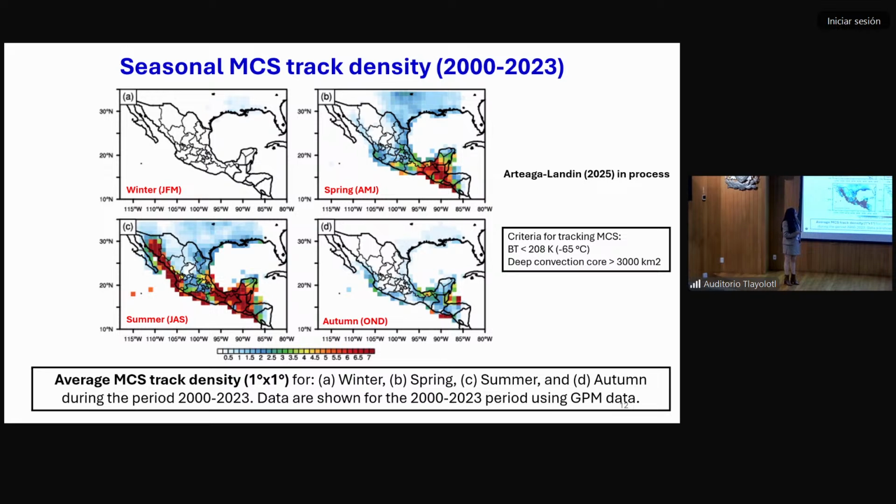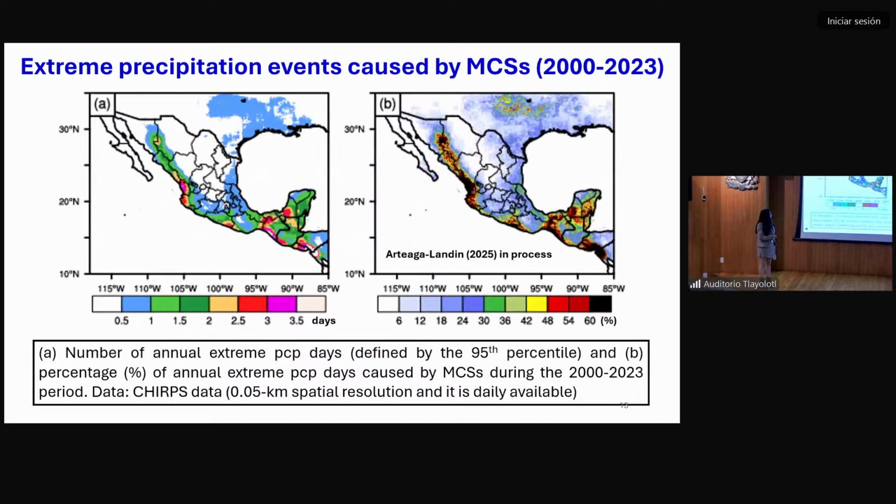During the spring, you can see them located mainly over the south of Mexico. But in the summer, you have a lot of regions that are affected by mesoscale convective systems. And look at northwestern Mexico. There is plenty of activity during the summer months. And they can also cause extreme precipitation events.